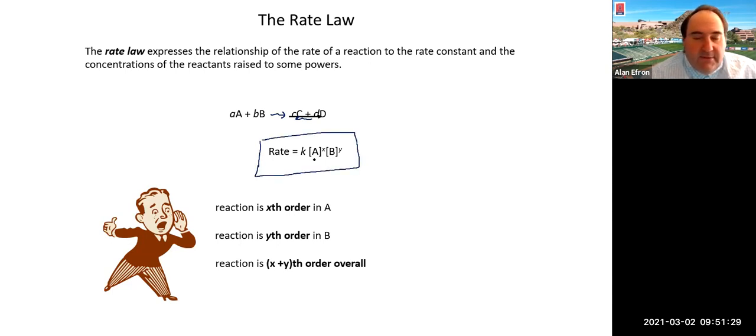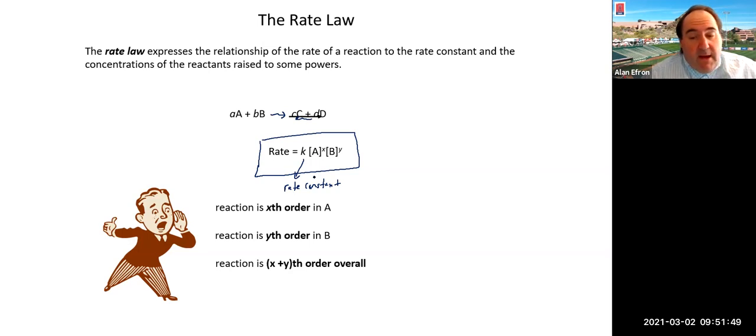The rate is equal to k, which is our rate constant that we talked about earlier. The rate constant is a constant value for a particular reaction, based on how it's written and the temperature. It's a relationship that always, as the name implies, comes out as a constant value.